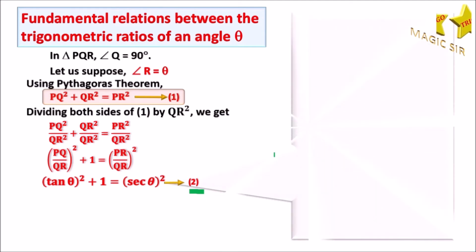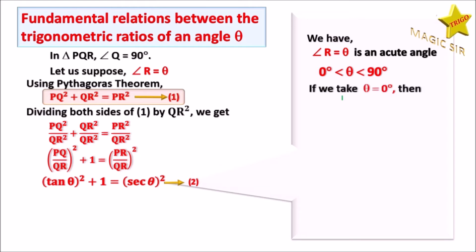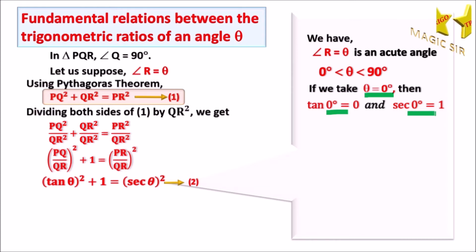Now, see the speech bubble. We have angle R is equal to theta, where theta is an acute angle. Therefore, 0 degrees is less than theta is less than 90 degrees. If we take theta equal to 0 degrees, then tan 0 degrees is equal to 0 and secant 0 degrees equals 1.